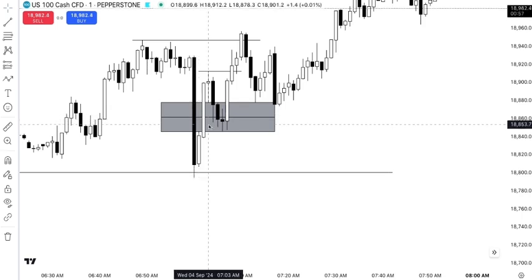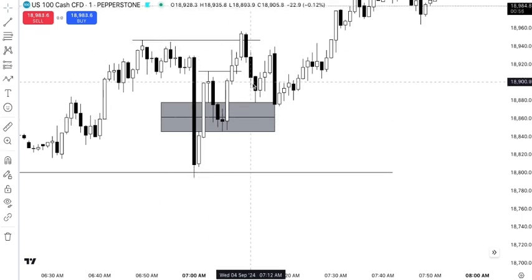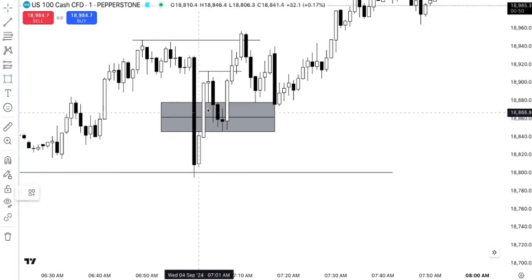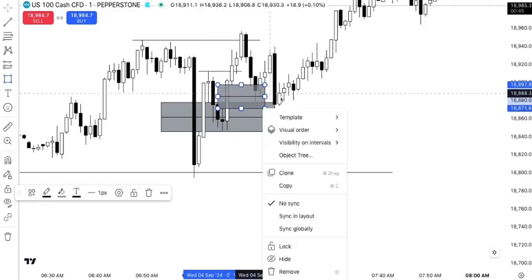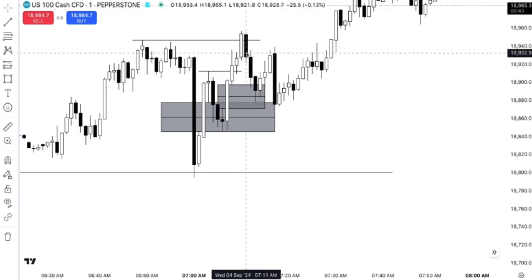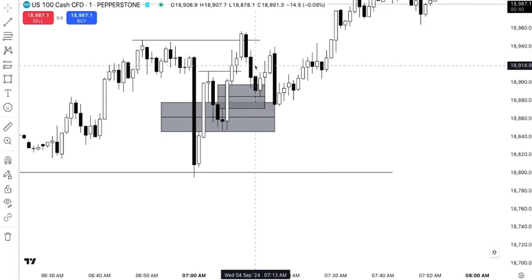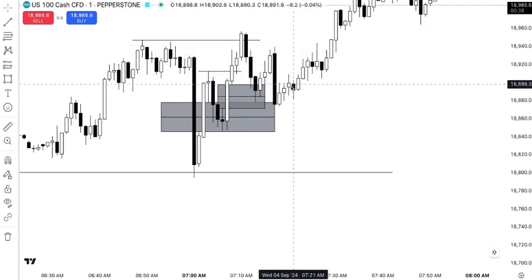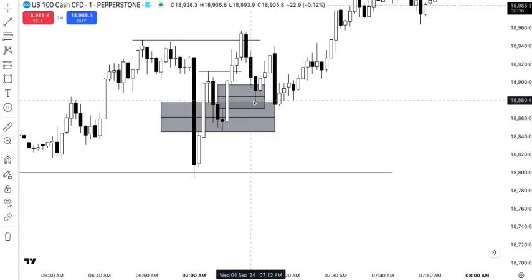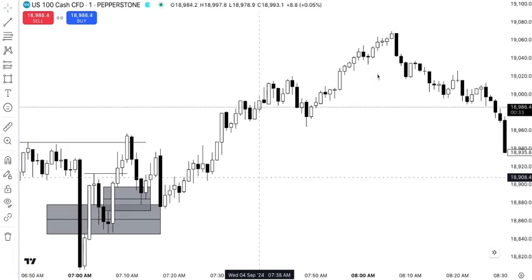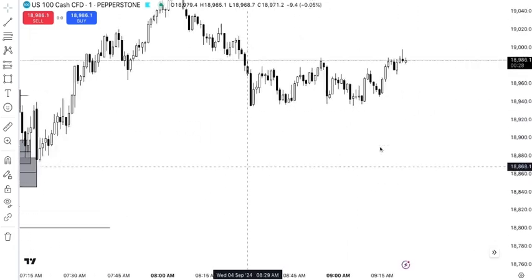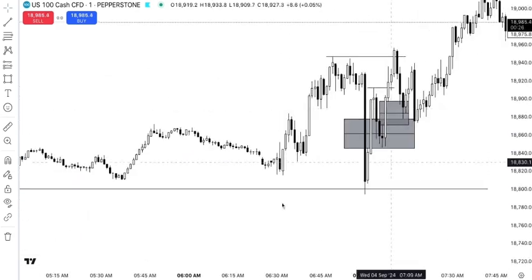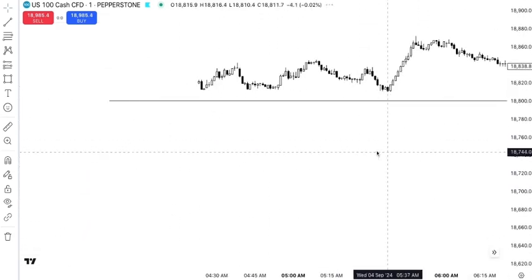So came down to this BPR, came back up, swept these highs, came down to this fair value gap right here, and then as soon as it came down to that fair value gap, came up, broke past this fair value gap, so that we know that it's going to go up, came down to this low right here, and then rallied all the way up into this higher time frame fair value gap that's over here.